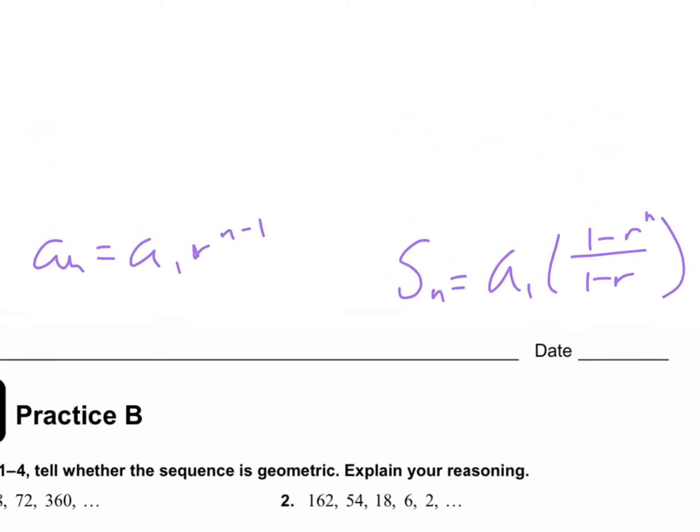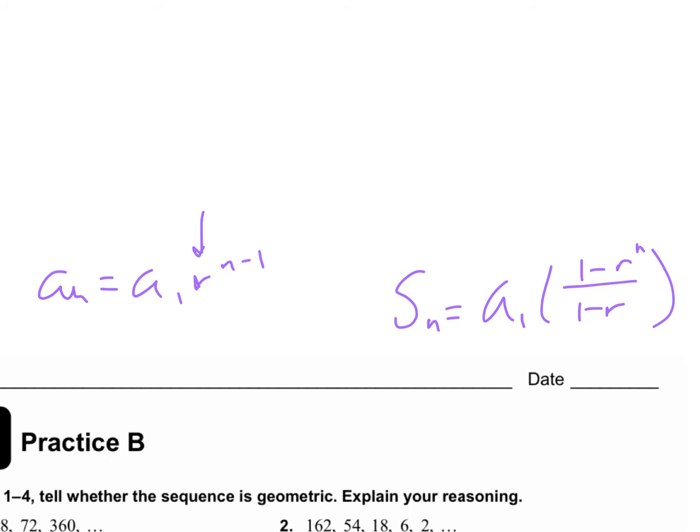So the only difference here is we have this new r, which is just our common ratio. Anybody remember how we find the common ratio? Yeah, pretty sure you divide the second term by the first. Awesome. Second term divided by the first term.